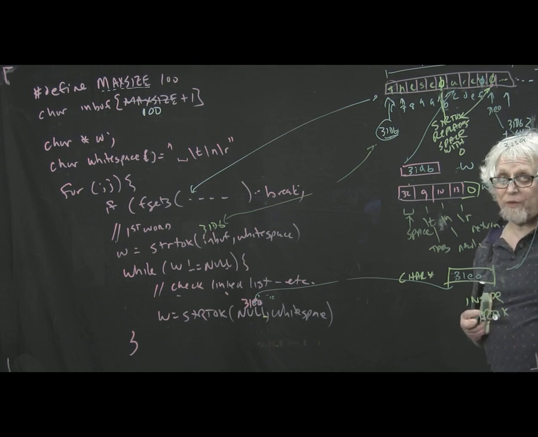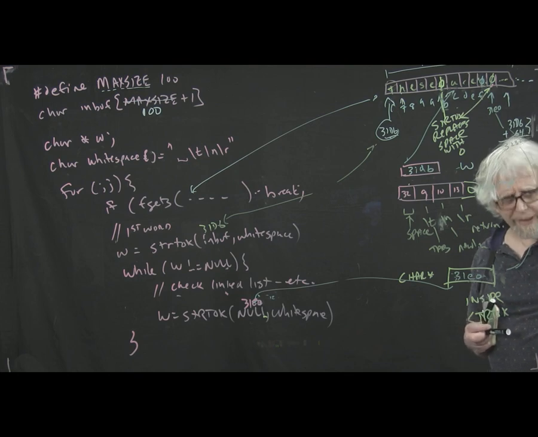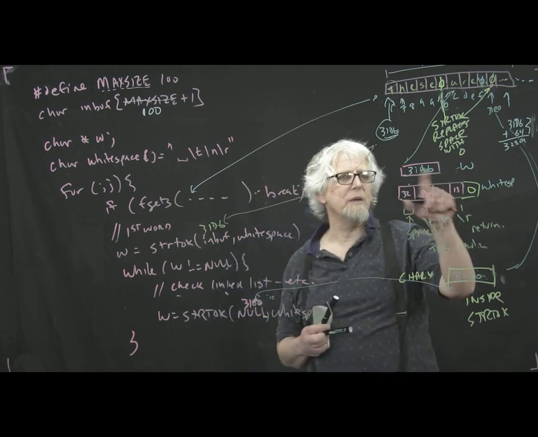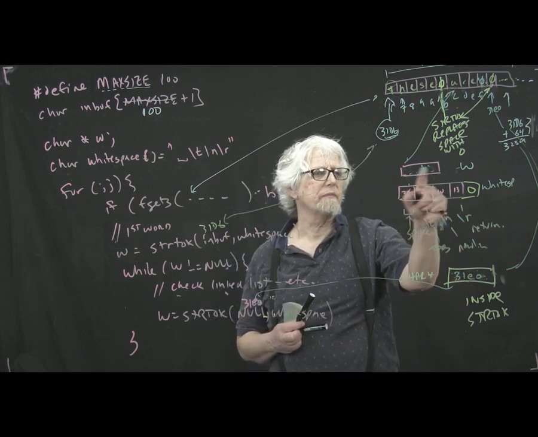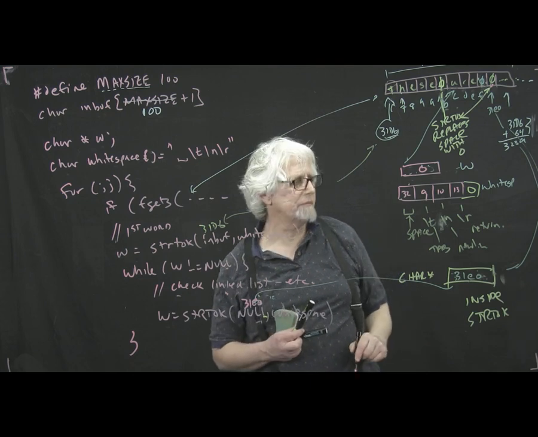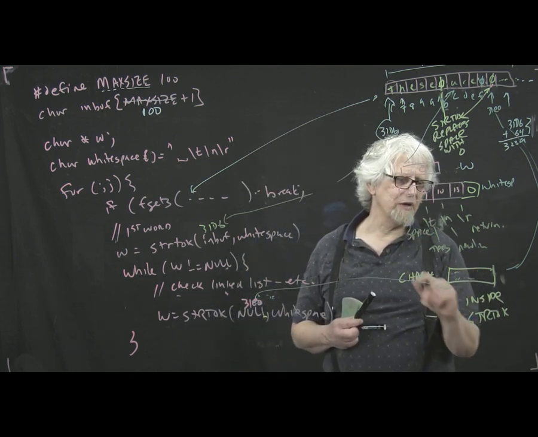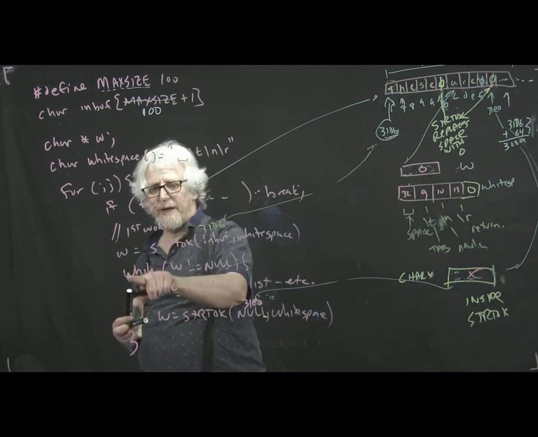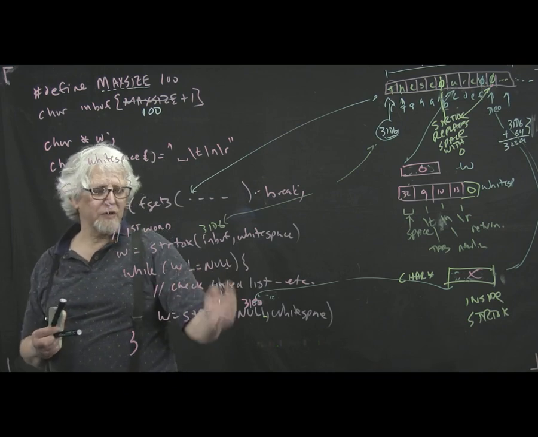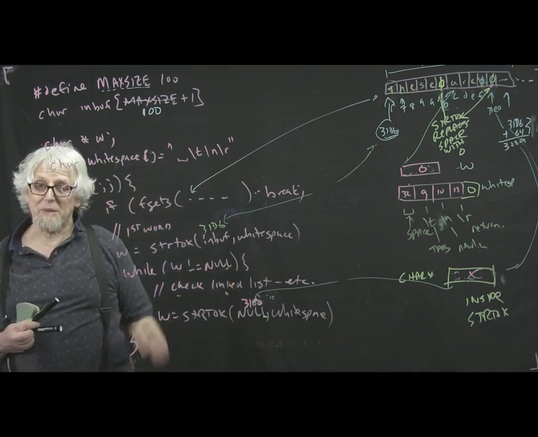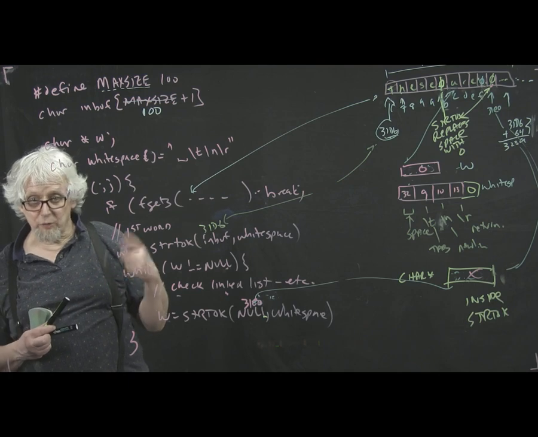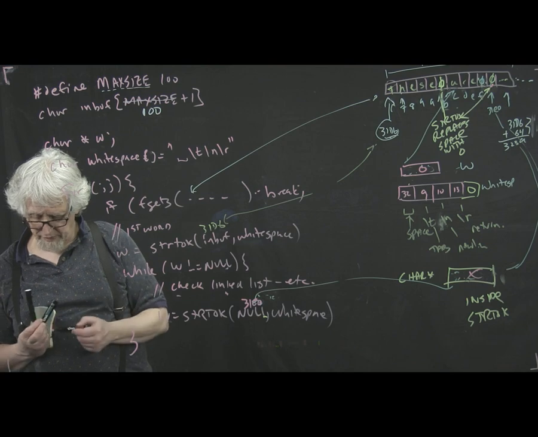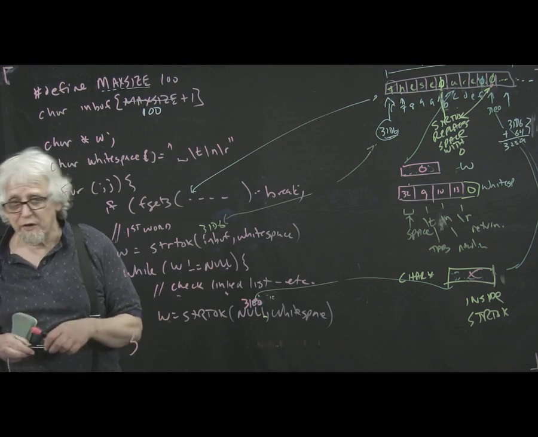So strtok is going to say, wait a second, there's nothing more here, and it will return a null. So W will then become null. Go back up to the while loop. W is equal to null, and we're done. So that's how we process the words on the line one at a time until we get to the end. Okay. So that's strtok.